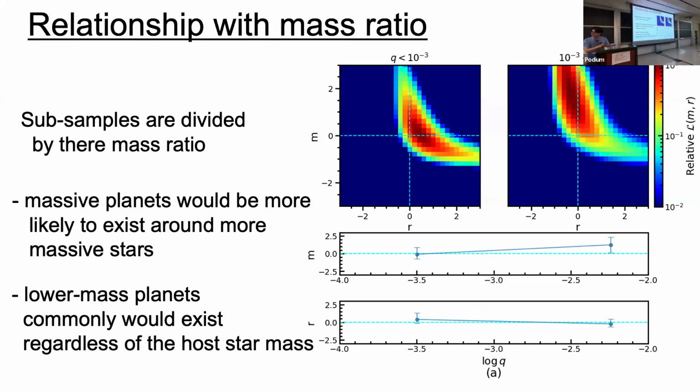When you say lower mass planets are common regardless of the host star mass, what is the range of host star mass that you're talking about? And is there any dependence, or is there no statistical dependence?